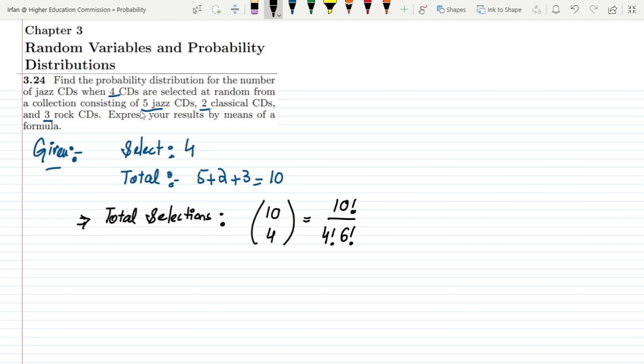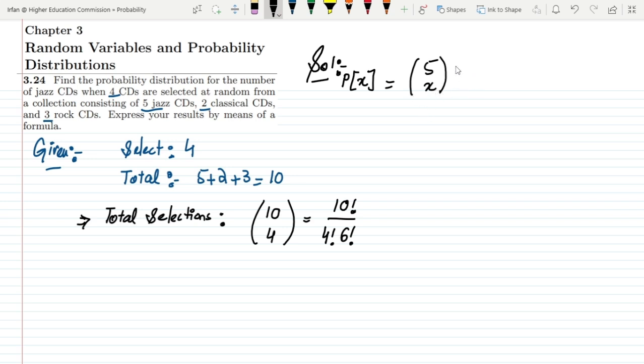Now I have to find the probability distribution and express my answer by means of a formula. So what do I have to do here? I have the 5 jazz CDs, and to find the probability of selecting X jazz CDs, first, from the 5 jazz CDs, I have to select X CDs.